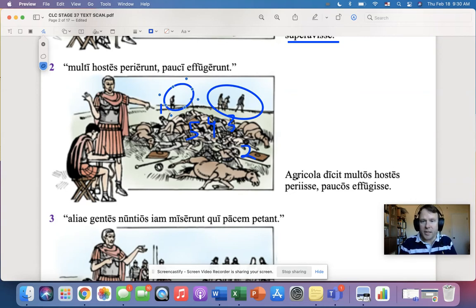Now the indirect statement: Agricola dicit multos hostes periisse, paucos effugisse. Notice the comparison between effugerunt and effugisse.